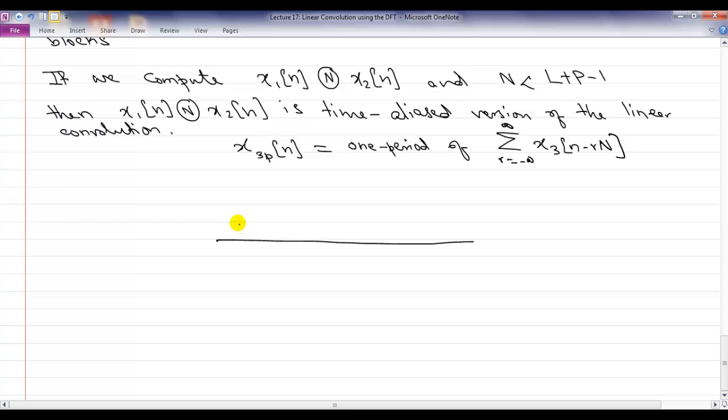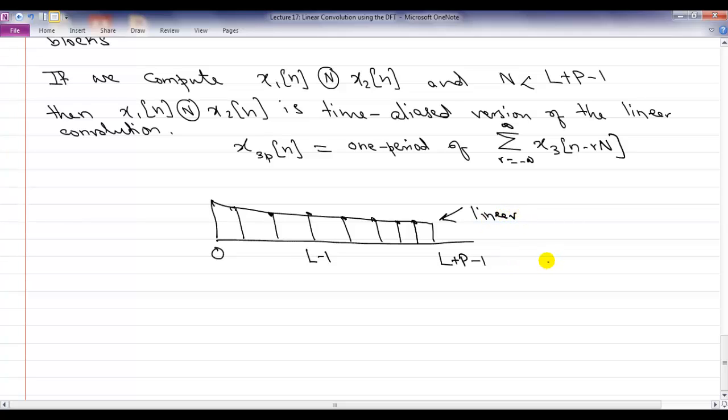If I look at, for example, and I'm just drawing an envelope, this is my linear convolution, let's say, from 0 to L plus P minus 1, and this is, let's say, L minus 1.